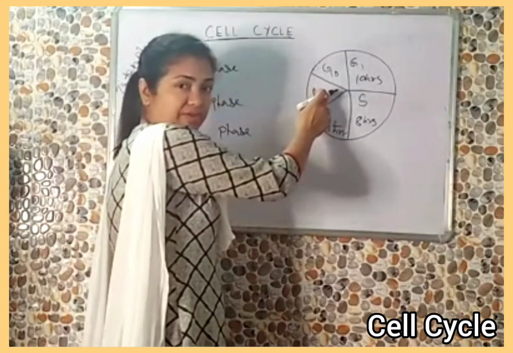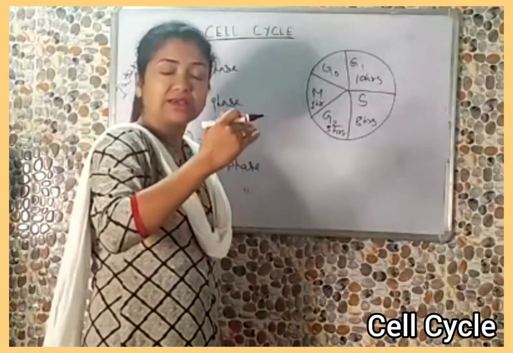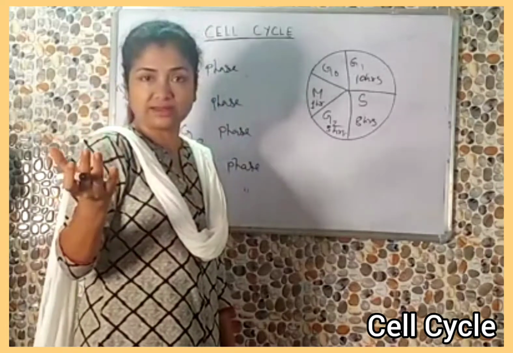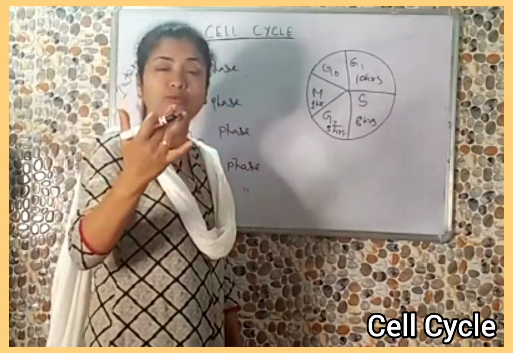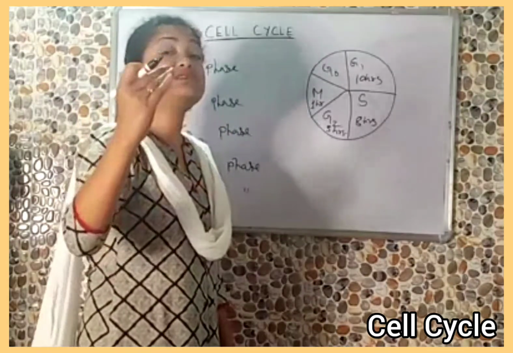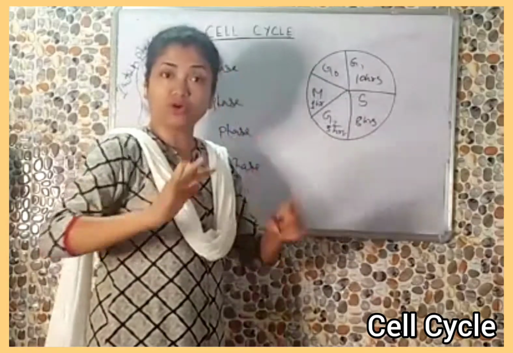In mitotic phase, the nucleus divides into 2 nuclei, which is known as karyokinesis, and karyokinesis is followed by cytokinesis. Cytokinesis is the division of cytoplasm, and finally the cell is divided into 2 daughter cells.